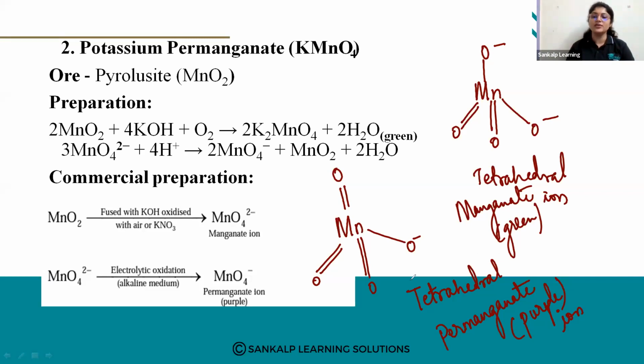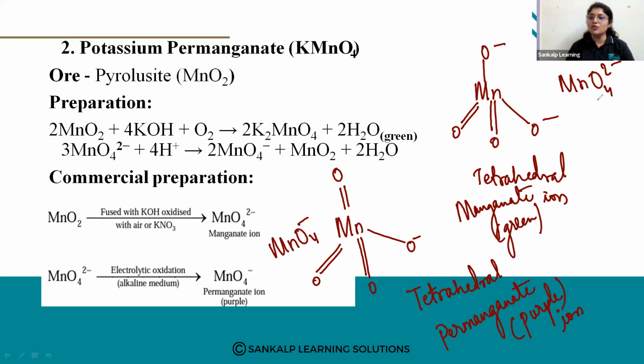So this is the manganate ion, and this is the permanganate ion. Both the structures are tetrahedral. This is MnO4 2-, the manganate ion, and this is MnO4-.